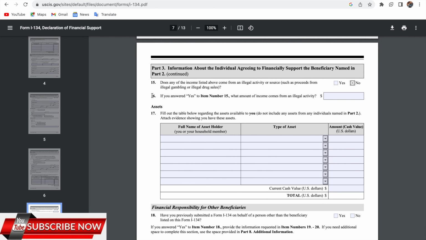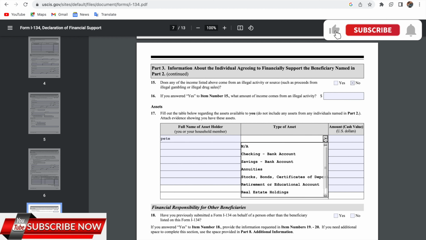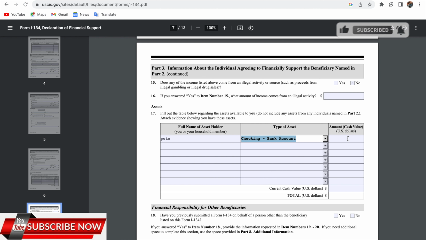And it says assets. So the assets that the sponsor has. Write in the sponsor's name and the type of asset that they have. Maybe they have a checking account, so the money that they have over there, maybe 100,000, you put it.